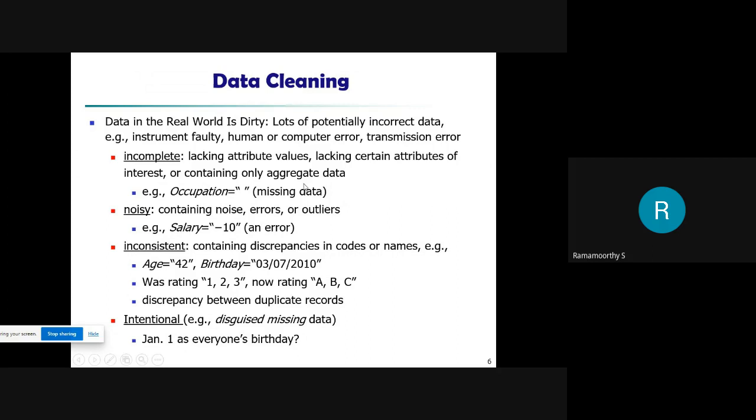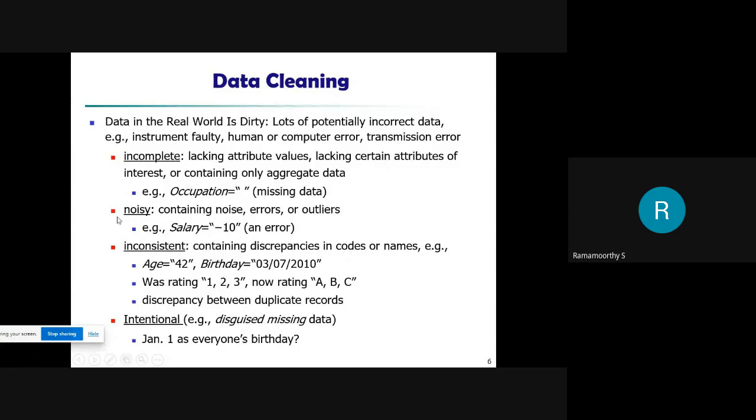These are the different cases you can identify under incomplete data. For an example, if occupation is equal to blank space, that is missing data, right? It is not specified what the occupation of that particular person is.